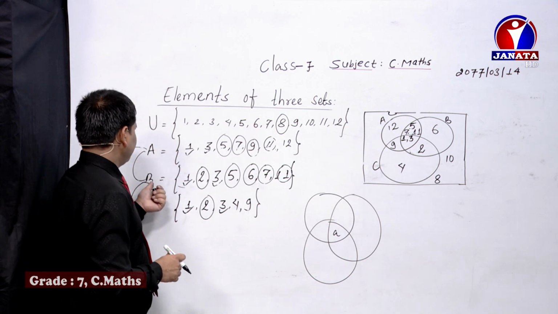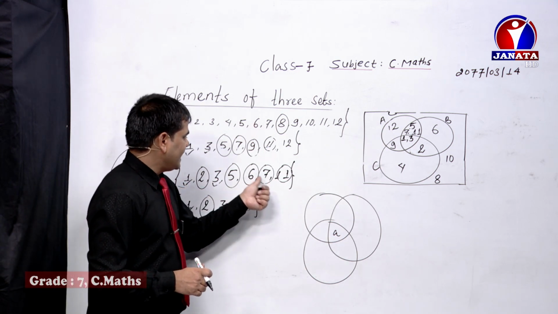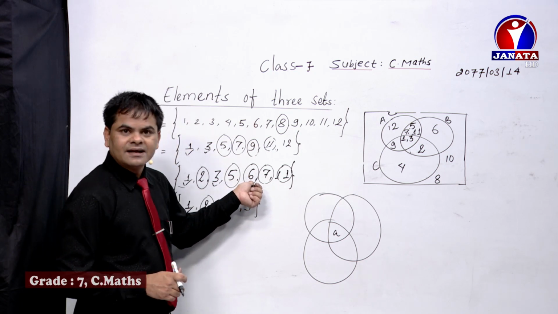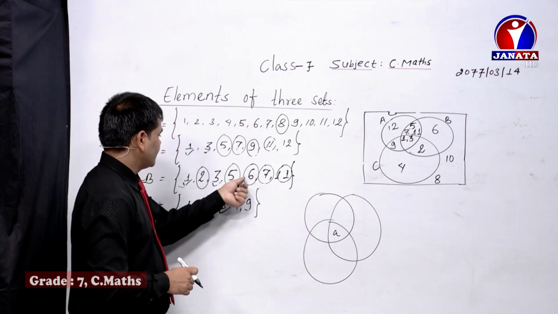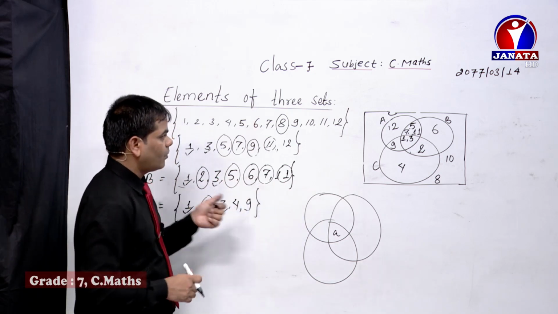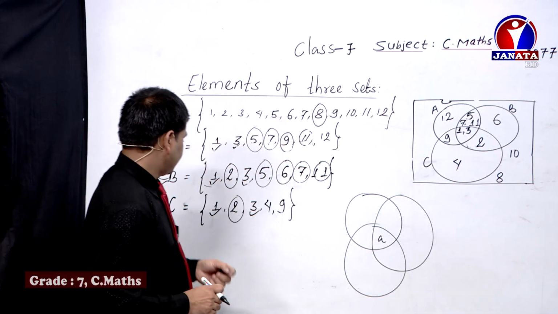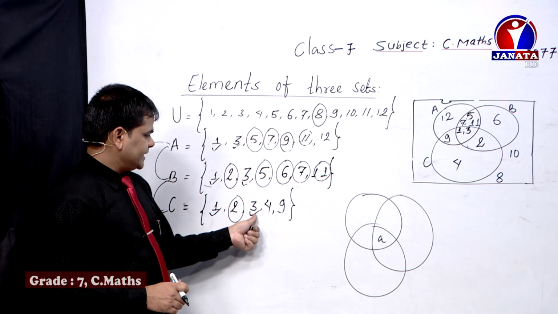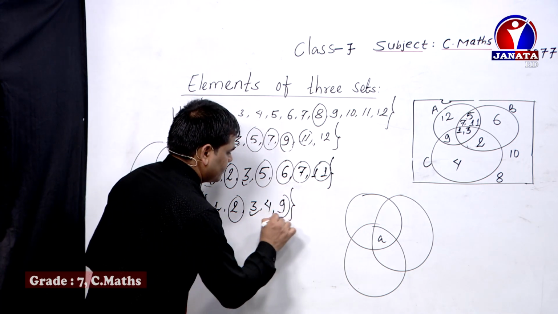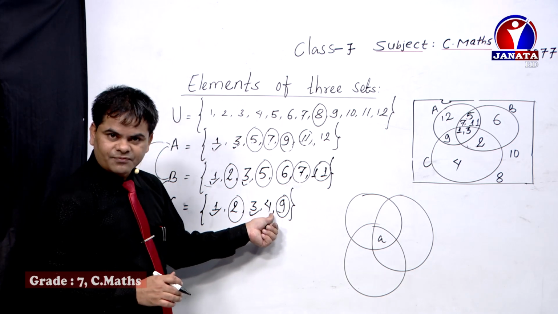Now similarly, if you see set B, all the information except 6 is included and already kept in the Venn diagram. So 6 will come in the place of B only. Similarly, dear students, in case of set C, 1, 2, 3 and 9 are already ticked, the 4 remains.